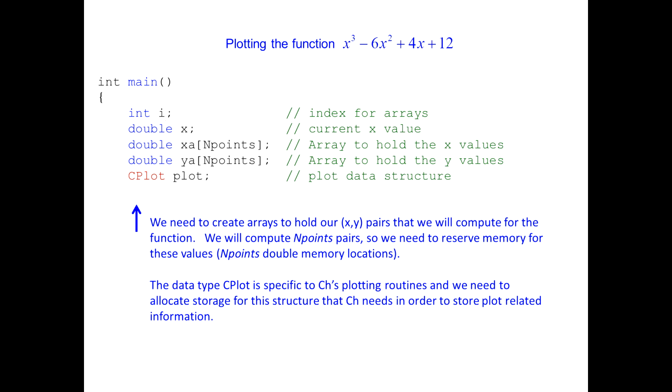And then we need to actually store the x and y values, which we're going to use later in plotting, and we need a data type for CH of all the data structures that need to be allocated. Notice here that we put endpoints because if we change it to 1,000 points, we need the array to be 1,000 points. So we have to allocate as much memory to store the points that we will be creating.